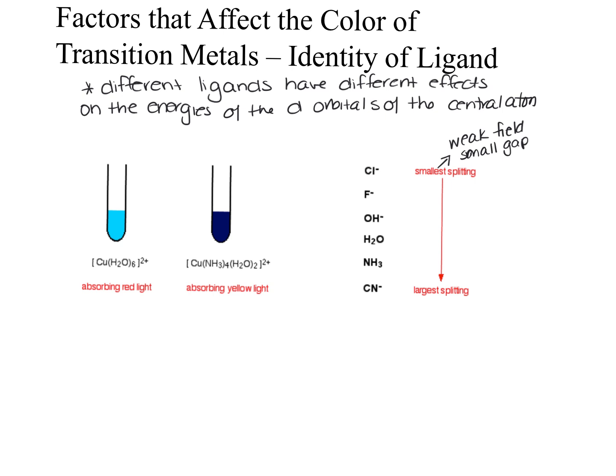And the ones at the bottom have the largest splitting, and they are a lot of times referred to as a strong electrical field or a strong field and large gap. Okay. Now, basically what this means is that the ones that are farther down need more energy to promote the electron because that gap is big.